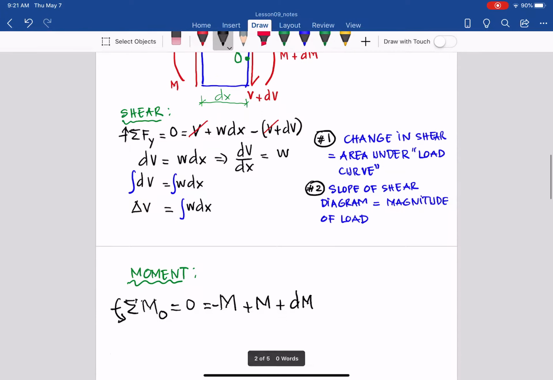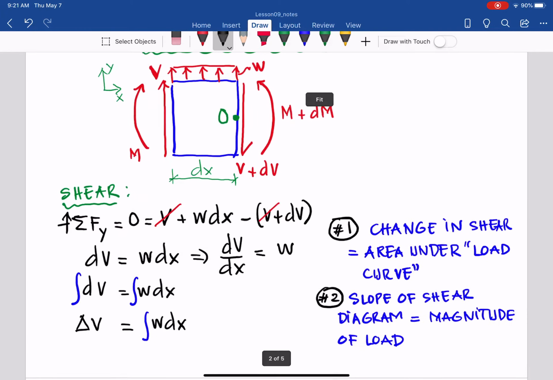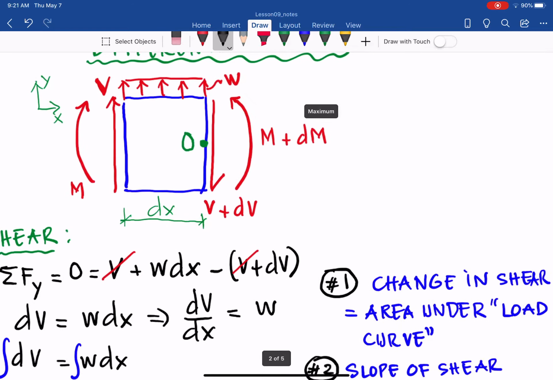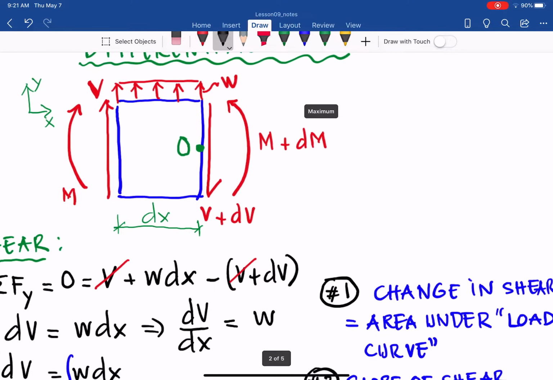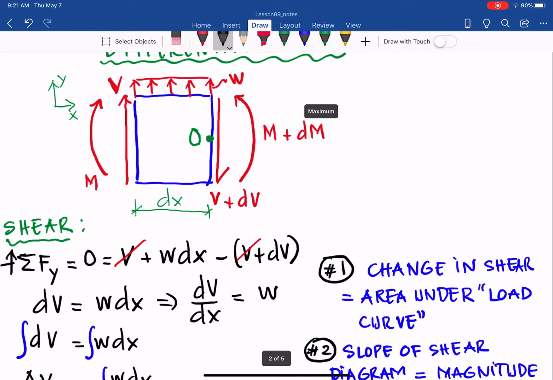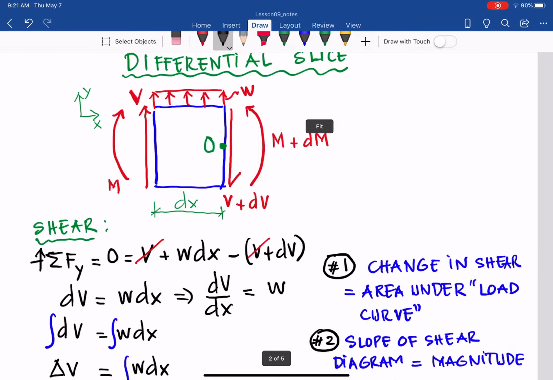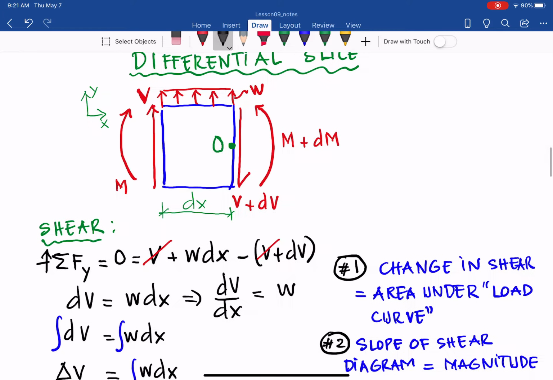For the distributed load, it is equivalent to a concentrated load w dx in the middle, and the middle means half of dx. The distance from the load to point O is dx over 2, so the moment about O will be w dx times dx over 2.